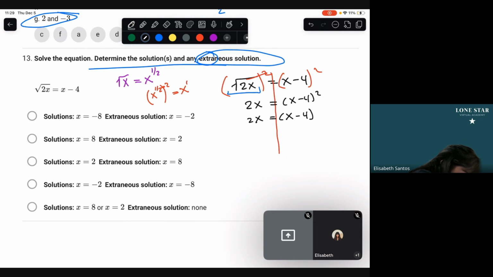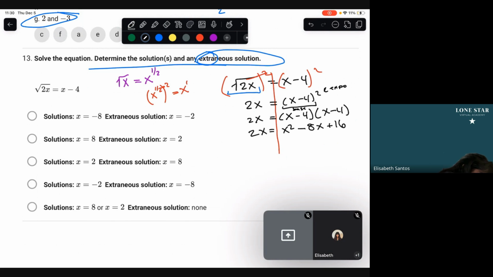The exponent tells us how many times we multiply the base by itself. So that's x minus 4 times x minus 4. We would FOIL or double distribute, and we get 2x equals x squared minus 4x minus 8x plus 16.